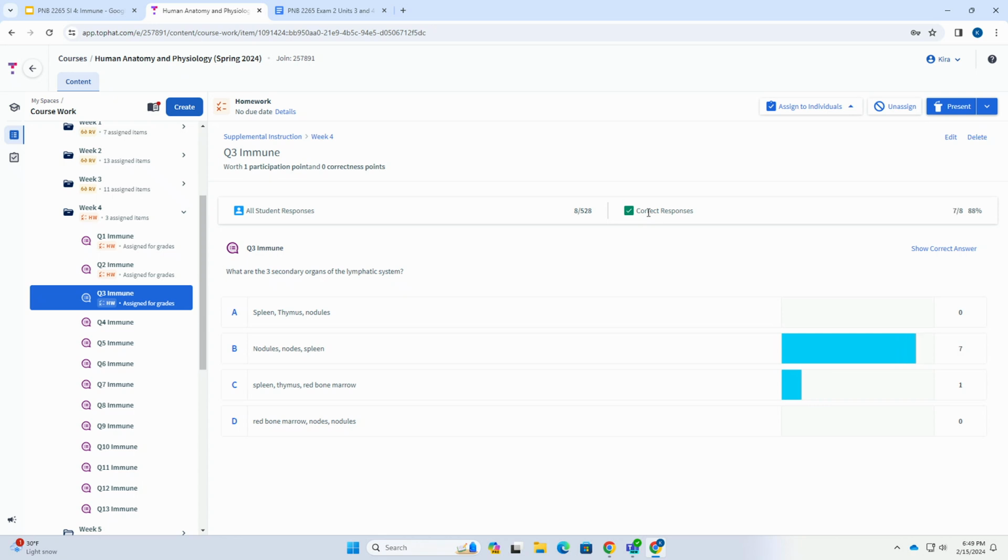Okay, so most of you are getting there. The secondary organs are the nodules, nodes, and spleen. Primary organs, red bone marrow, and thymus.